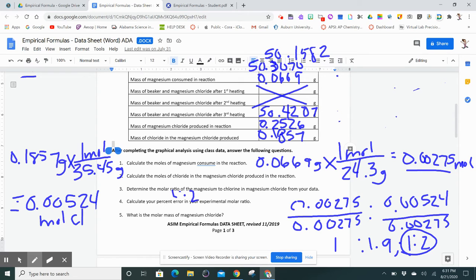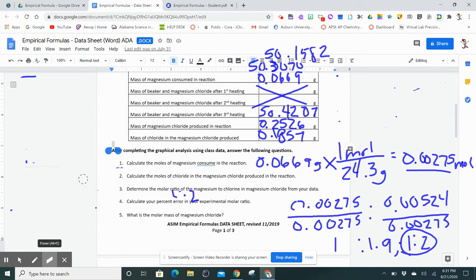Okay. Then we are supposed to calculate our percent error. So the formula for calculating percent error all the time is the measured value minus the true value divided by the true value, and then we multiply that by 100. Our measured value was 2. Our moles of chlorine was 2. The true value, according to our balanced equation, is 2. Oh, I'm sorry. Wait a minute.